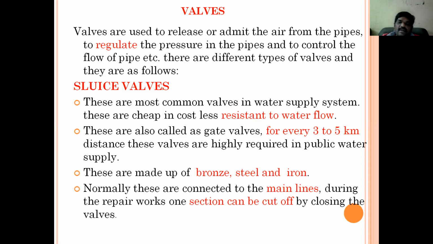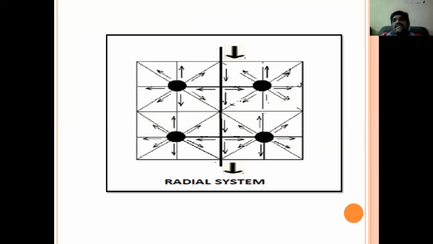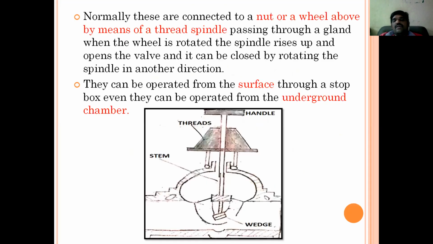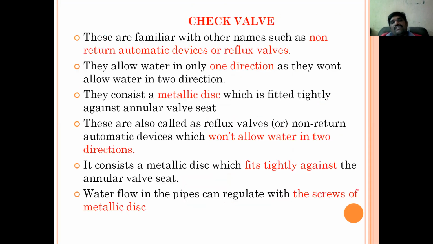Okay, and tomorrow we'll discuss the next topic related to the distribution system. Hope you understood about all these valves. Sluice valves: we control the flow with the help of a spindle, and we can operate from either the surface end or an underground chamber.